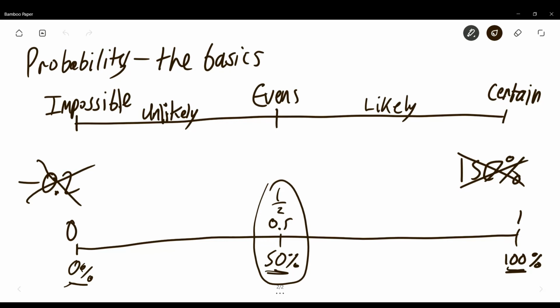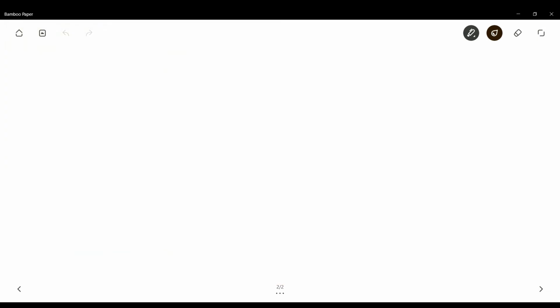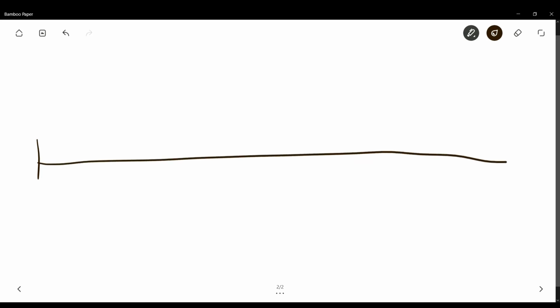Okay. Now, if you are talking about really basic bits of probability, sometimes they like to give you a scale that's already divvied up like this. It might be the case that you're asked to find the probability of a 5 on a dice. Now, some of you might think 5 on a dice, oh, 5, 6, that's up here, isn't it? Oh, okay. Because that's only one possibility out of 6 of rolling a 5 on a dice.